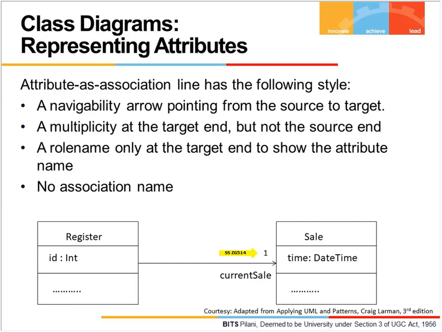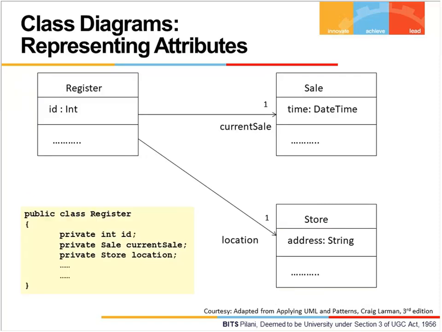Okay, there's a question, do we need to remember all the 3 notations? You have to use only one notation in your class diagram, right? Either stick to this notation in which you represent attributes as an association line, or you use the previous notation, right?